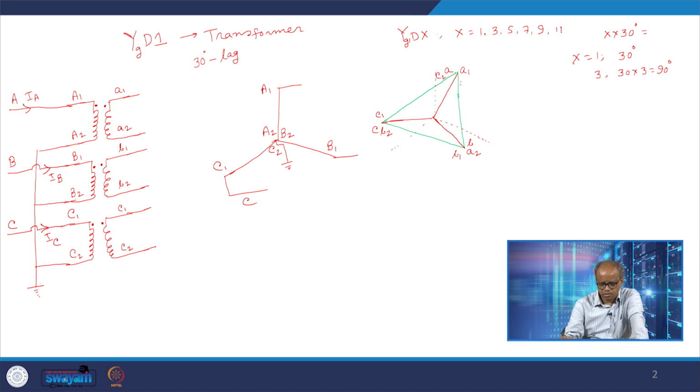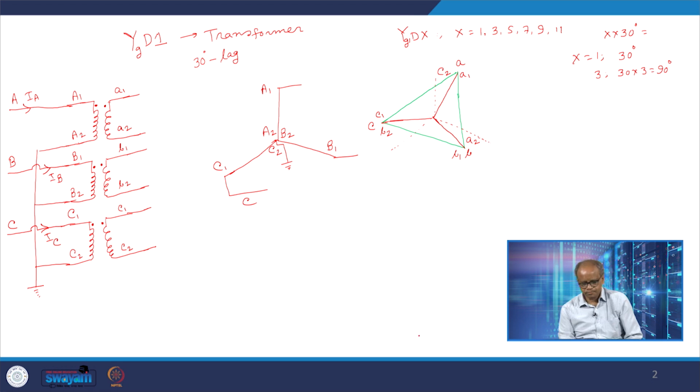Let me draw it again with a little more clarity, otherwise it is getting jumbled up. So this is A, this is A1, this is A2, this side is B, so B1, B2, and this is C, C1, C2.